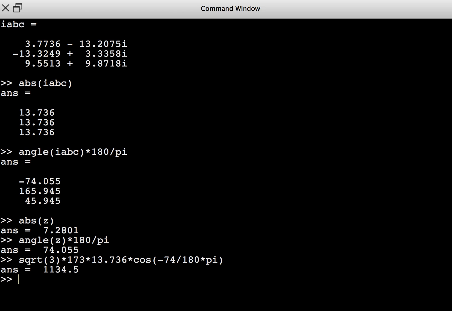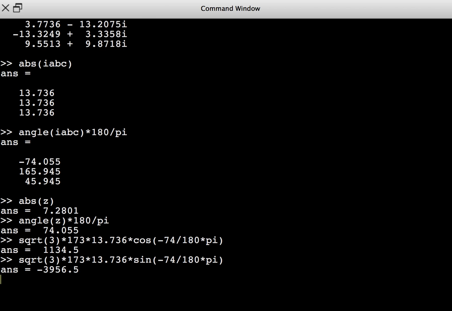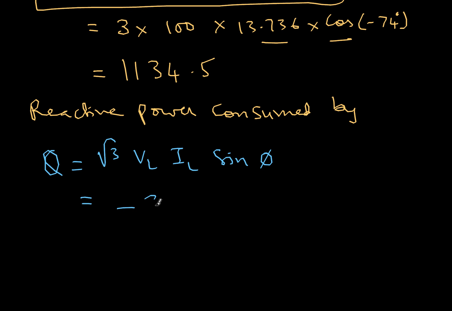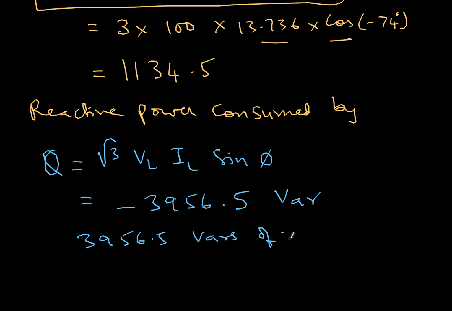Let me calculate that, I just replace cos with sin. So minus 3956.5. Don't worry about the minus sign, because we know that Q is reactive power. So I'll say 3956.5 vars of reactive power is consumed.